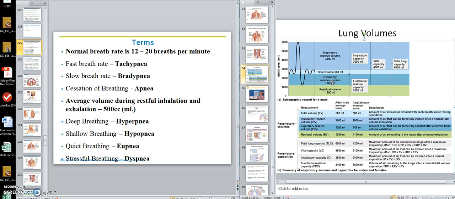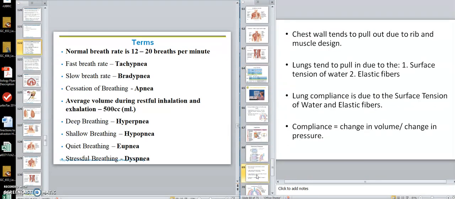Now, there's some air I don't breathe out. Let me explain this here. The residual volume. When you have a certain amount of lung compliance, it's due to the surface tension of water we talked about and the elastic fibers.